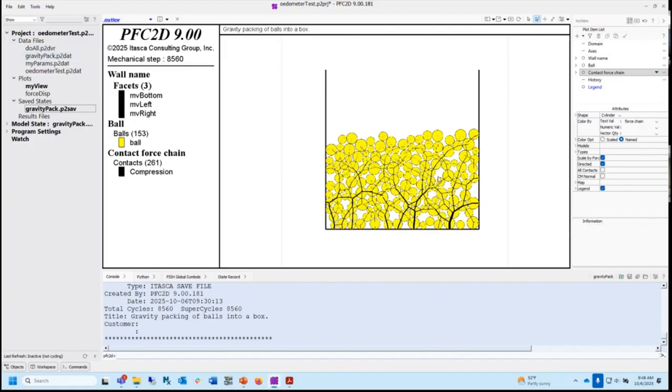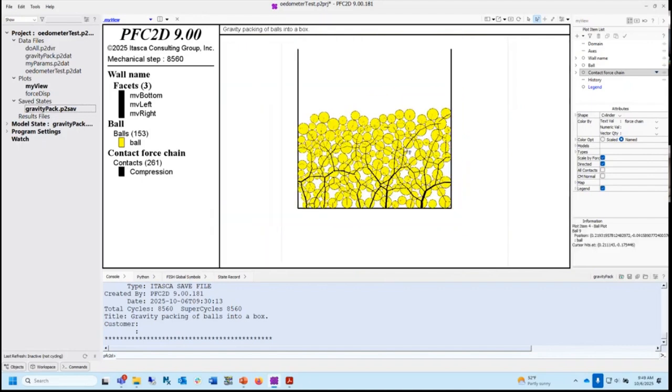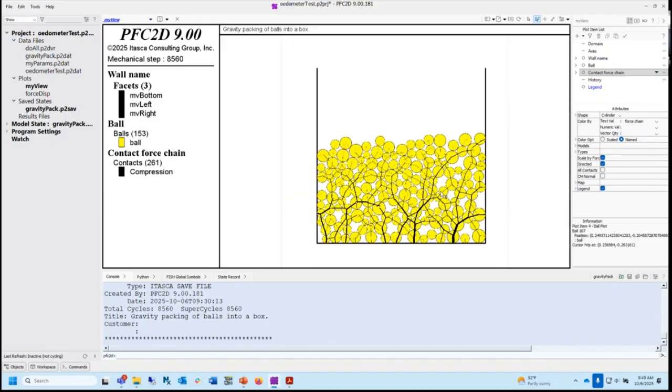And we're going to go to every single contact and say, I want to make this a contact bond and I want to give it some strength. Okay. And if I do that, now it has strength. If I remove the sidewalls now, it's going to just fall apart. Okay. So is everybody with me?